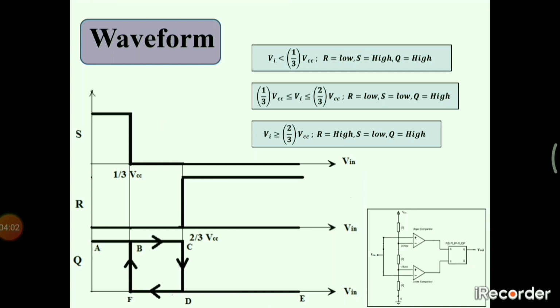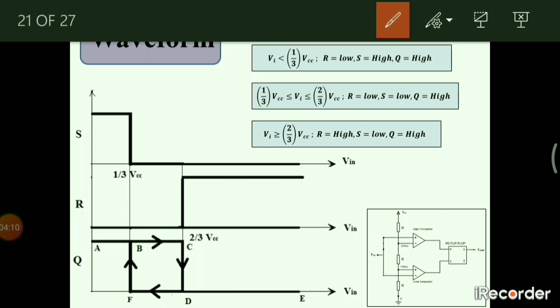Now the waveform. Here this waveform is divided into three conditions. We already discussed this in a previous slide. So the first condition is VI is less than 1 by 3 VCC.